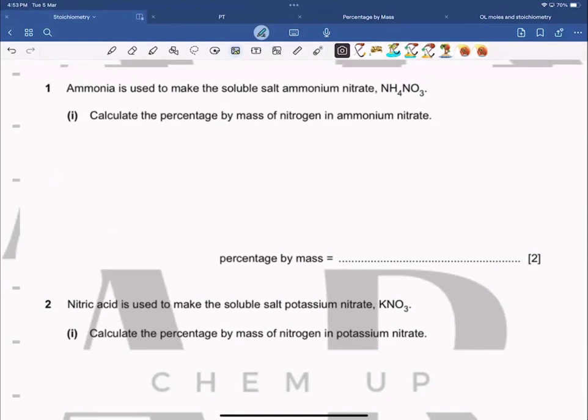Now I'm sharing a file on the group, so you guys may attempt further questions of percentage yield. And after this, in the next class, we will be starting the empirical and the molecular formula. I will share the steps, so you guys note down those steps.